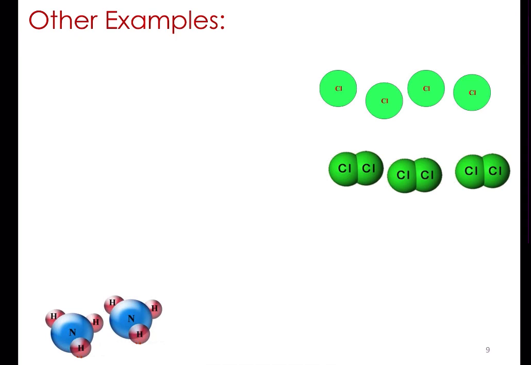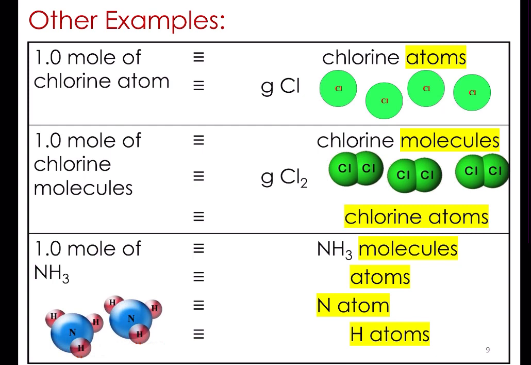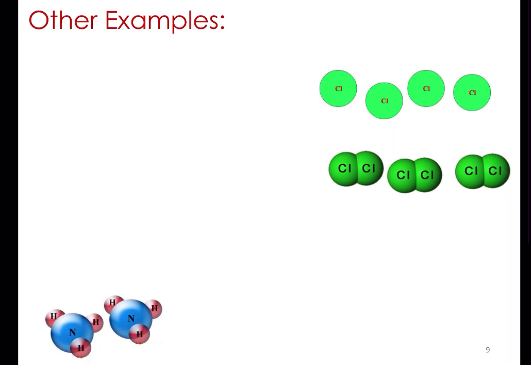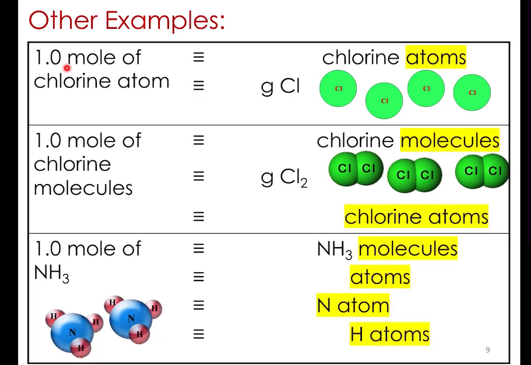Okay, and remember 1 mole is equal to 6.02 exponent 23 particles. So now, let's get into the first example. I have 1 mole of chlorine atom. So 1 mole of chlorine atom. What is the number of chlorine atoms? Okay, listen carefully. I use number of chlorine atoms.